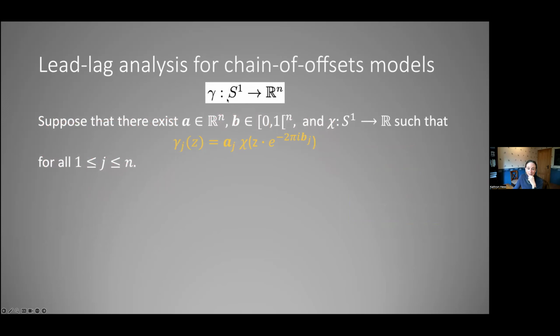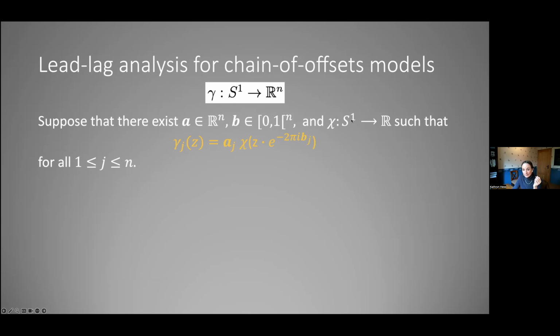Again, there's a particular example where this is easier to analyze, with what's called the chain of offsets model, for when your gamma, which is going from S1 into Rn, satisfies the following. Suppose you have some vector a of real numbers. You have another vector b of numbers between 0 and 1, strictly less than 1.